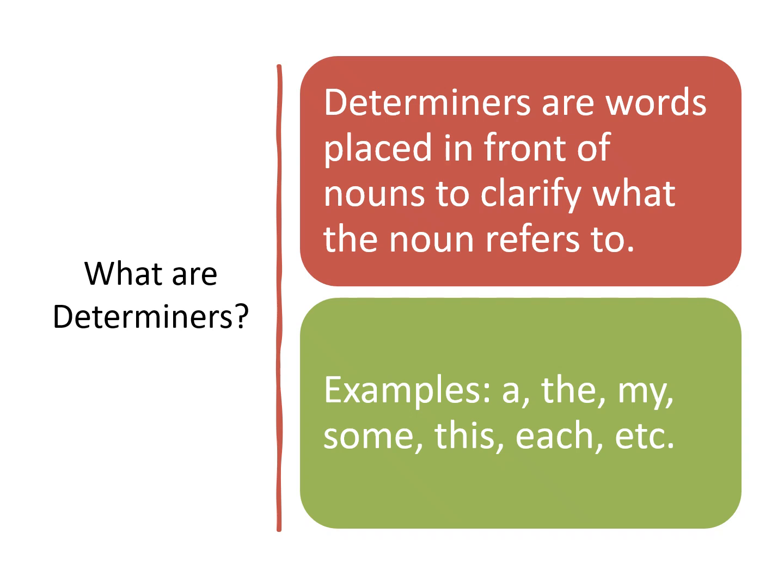Example: my book, some apples, this car, many students. In all these examples, the words my, some, this, many come before nouns and give more information. So these words are called determiners.